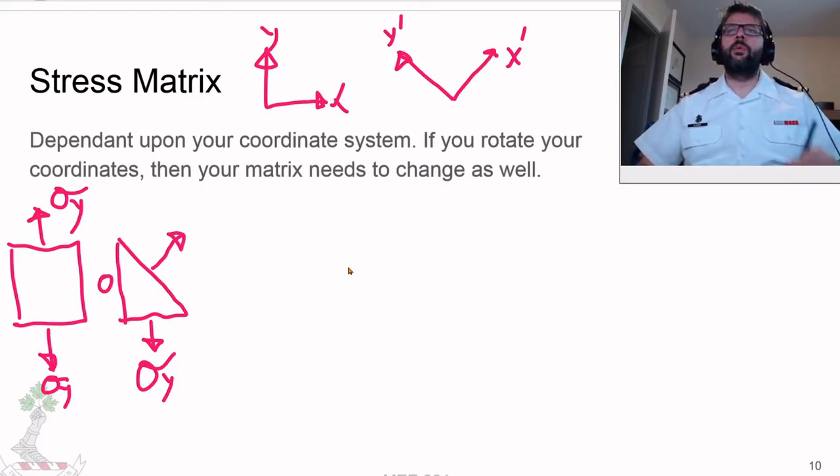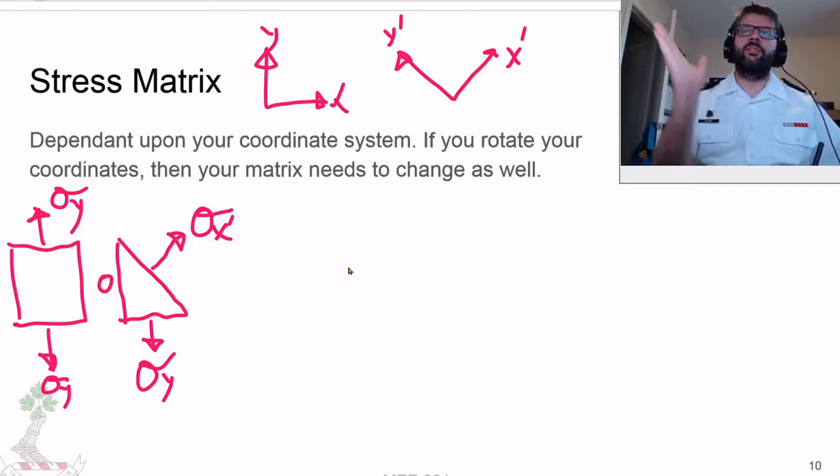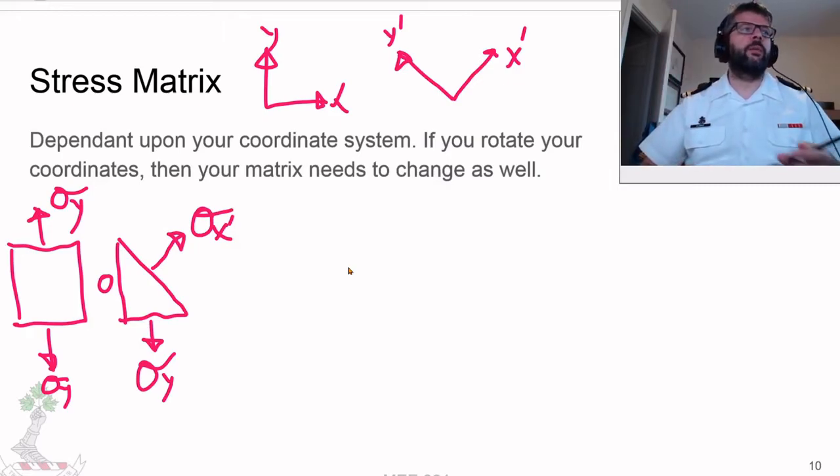So we'll have some sort of normal force here. We'll call that sigma x prime, because this face here would be in the positive x prime direction. And then we're also going to have some amount of shear stress that develops.